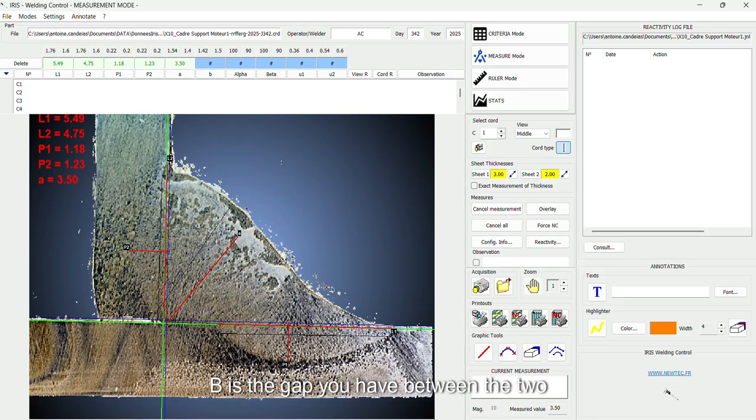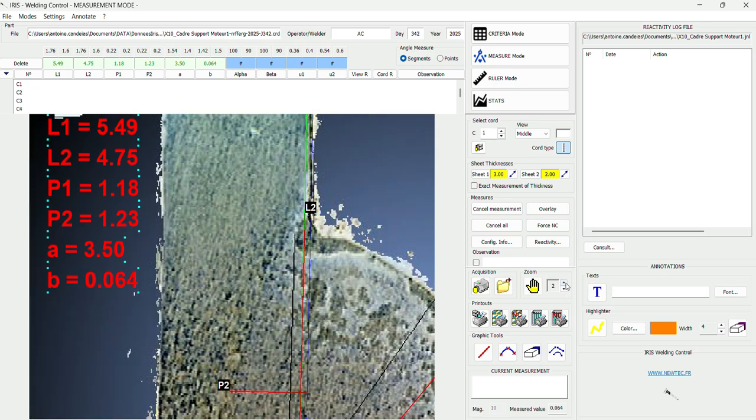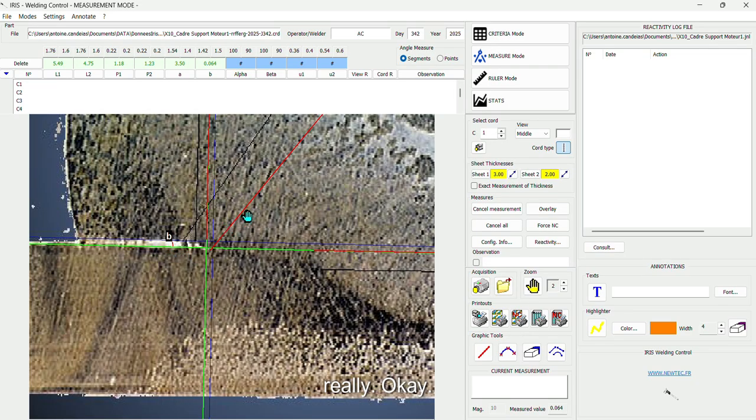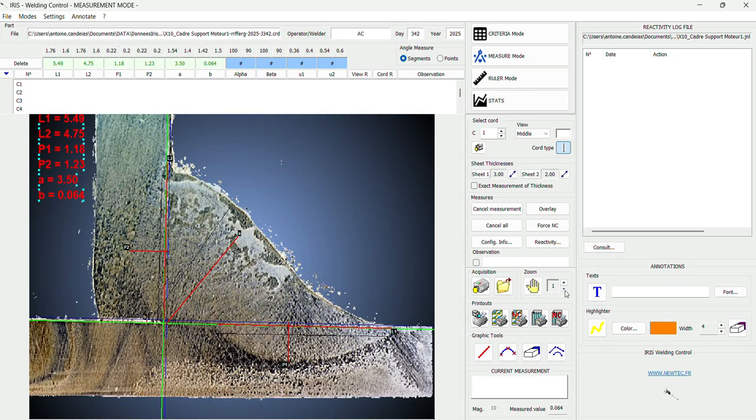B is the gap you have between the two sheets. Here there is a very small gap, but I measure it. I can even amplify, and I can measure really. I come back. And after that I have to measure alpha, beta.